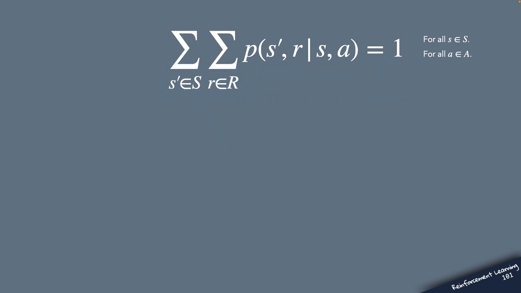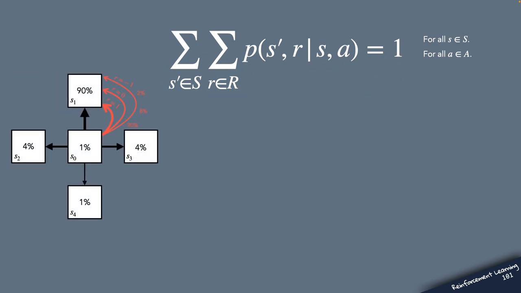In other words, with certainty, we will end up in some future state. And we will be rewarded by some future reward, although we might not know with certainty which state and which reward it will be. But let's dissect these summations a little further.